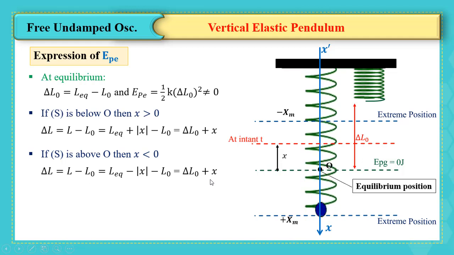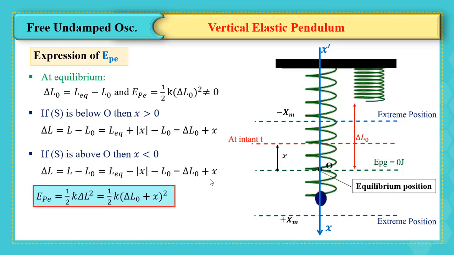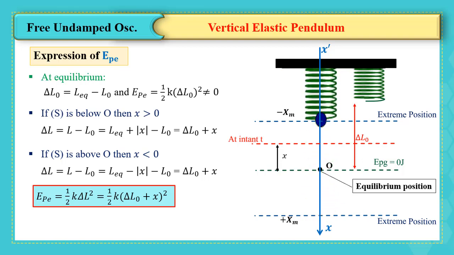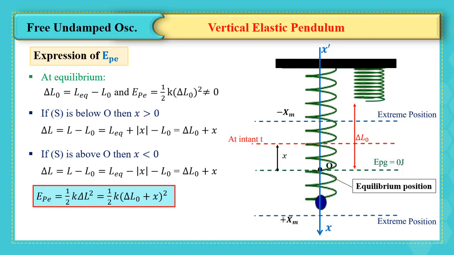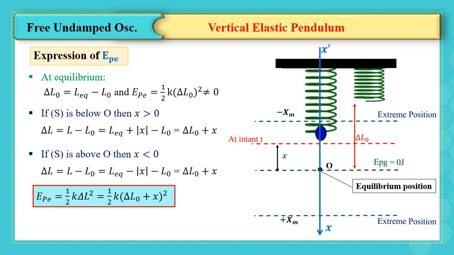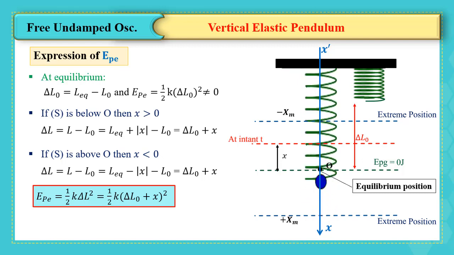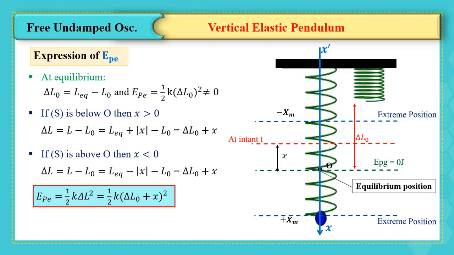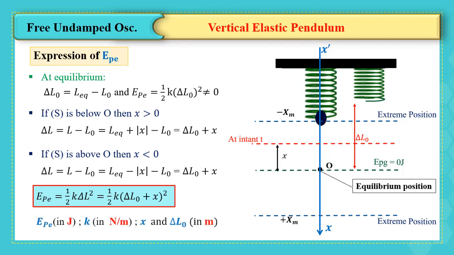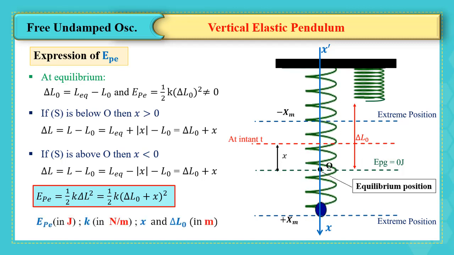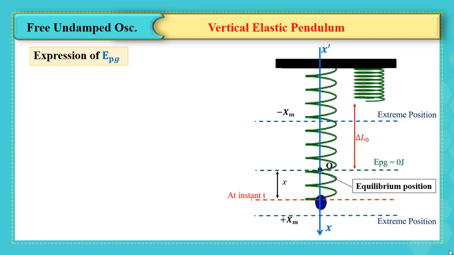So in both cases, whether the position of S is above or below the equilibrium position, the expression of the elastic potential energy is half k delta L squared, where delta L is (delta L0 plus X), all of it squared, where the elastic potential energy is in joules, k in Newton per meter, X and delta L0 in meters.